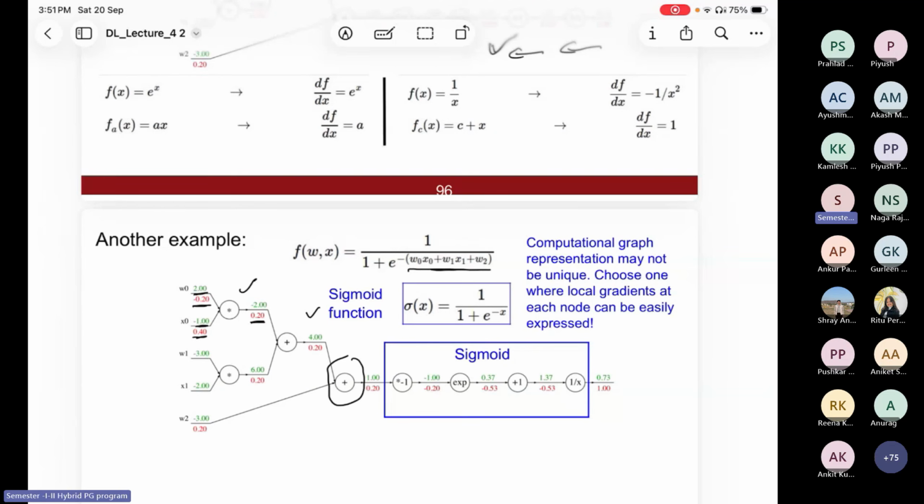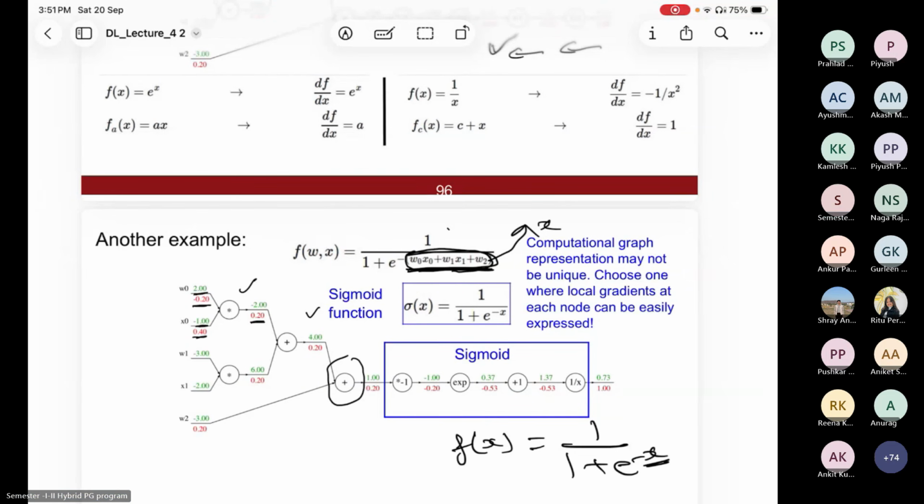At this point, we already have done this whole part, and whatever you got from here can be considered as x. Then we are just applying the sigmoid function over that, because this is the sigmoid function, 1 divided by 1 plus e to the power minus x. And your x is W0 into X0 plus W1 into X1 plus W2.